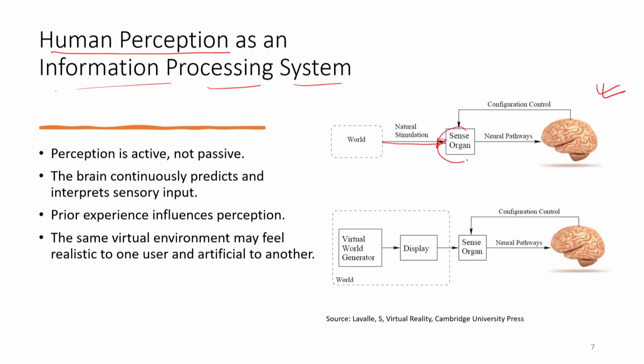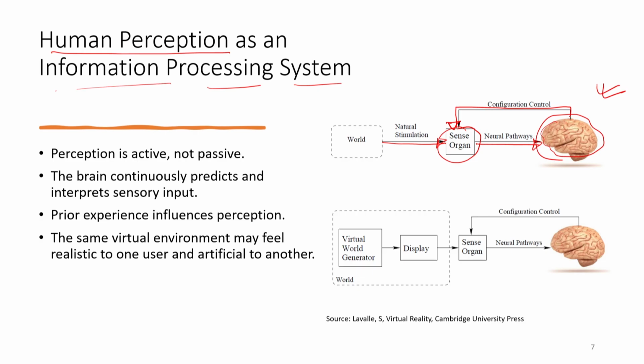Our sense organs such as our eyes, our ears, our skin, etc., get stimulated naturally, and that triggers neural pathways which then travel to the brain, and our brain processes all of this information and also exerts a configuration control on our sense organs, in the sense that it controls how our sense organs respond to the stimuli.